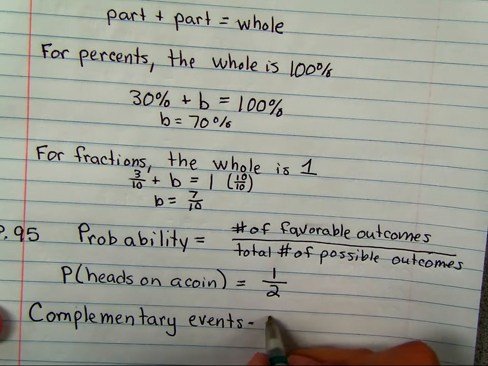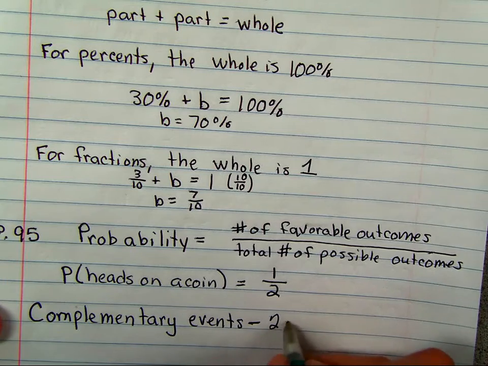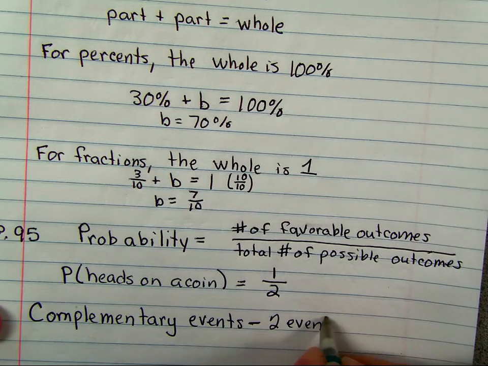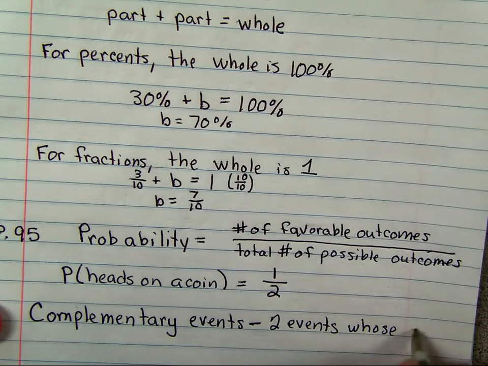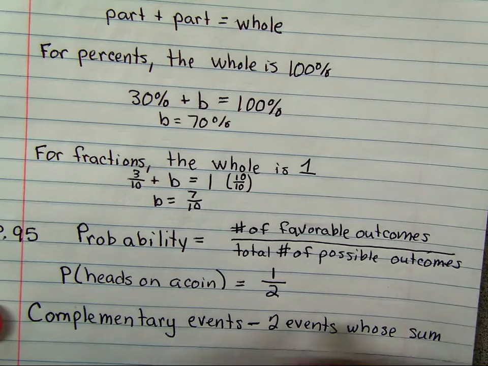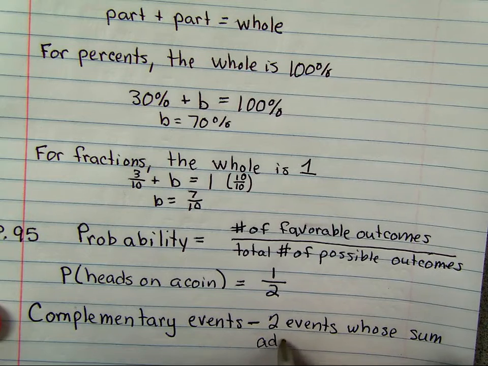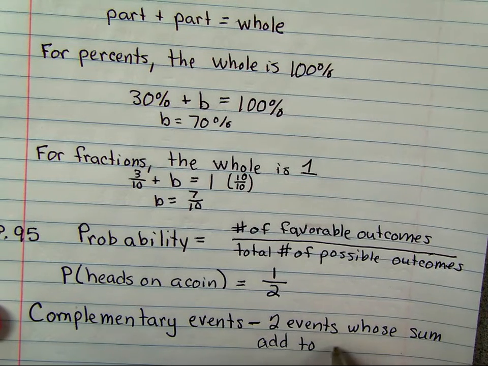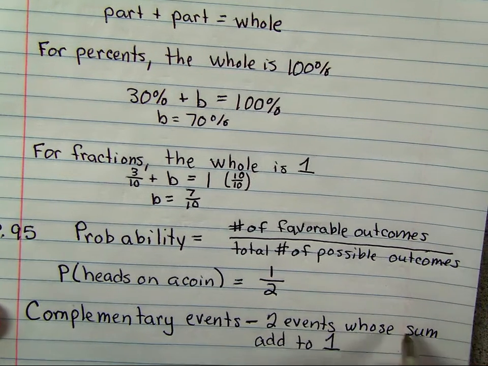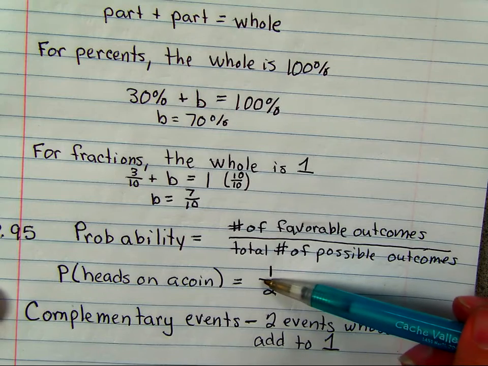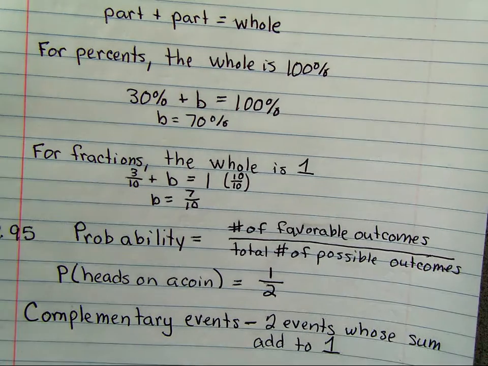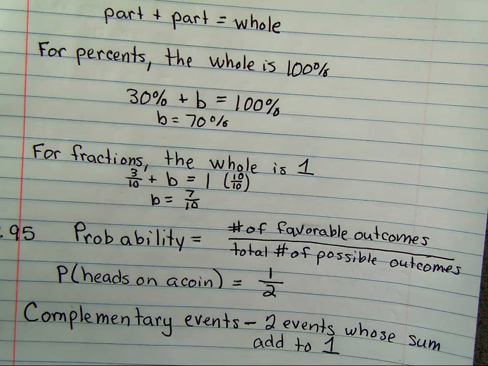And that is referring to two events whose sum add to one. So if I was looking at the probability of heads on a coin and the probability of tails on a coin, those would be complementary events.